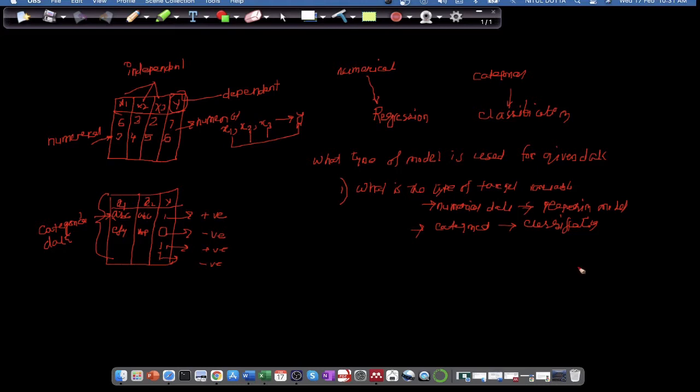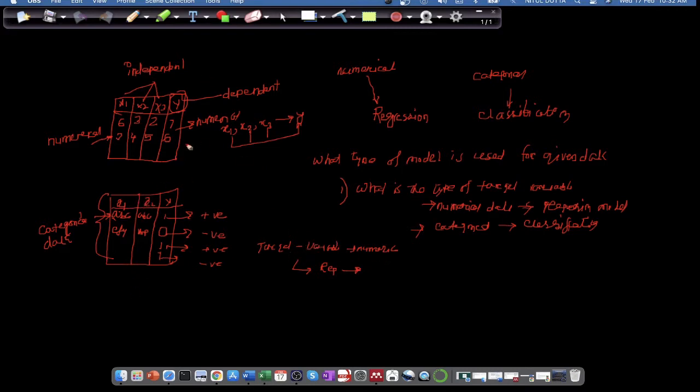Apart from that, the target variable may be numeric, but we want to represent it differently.